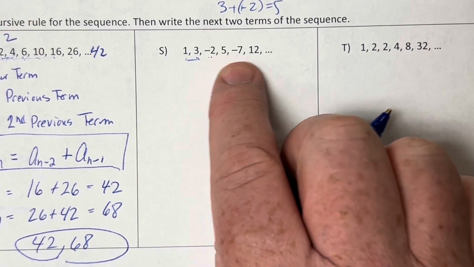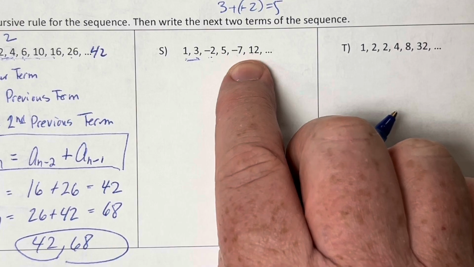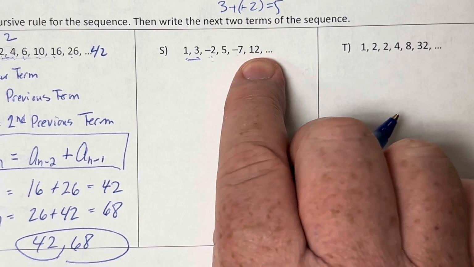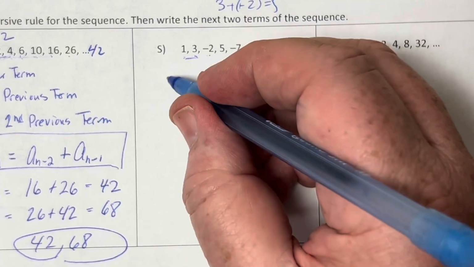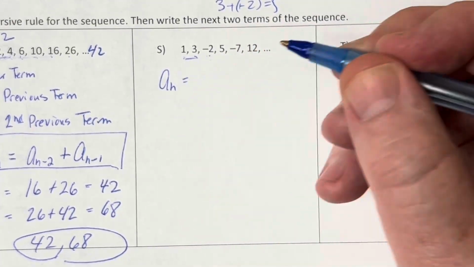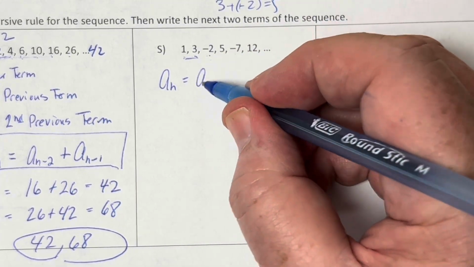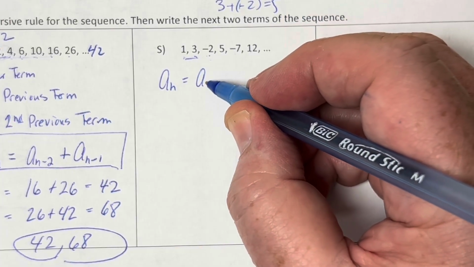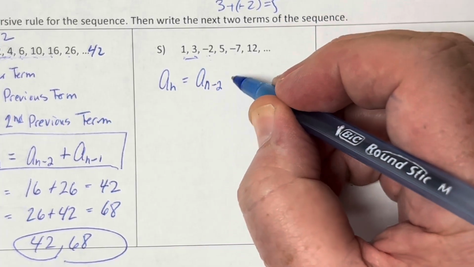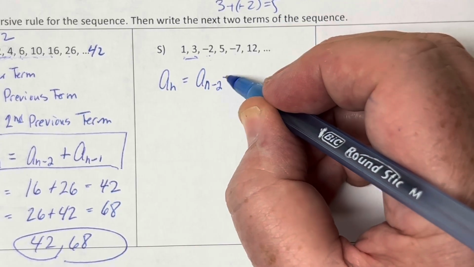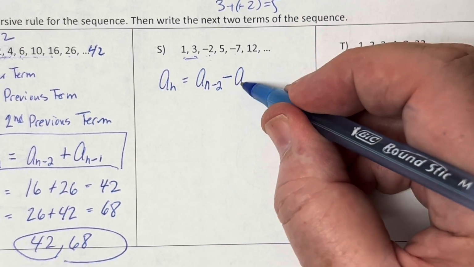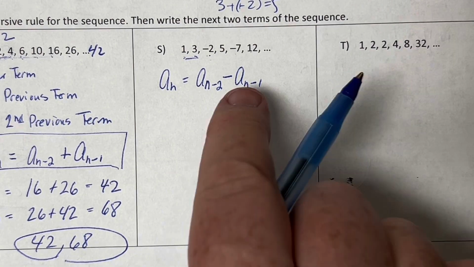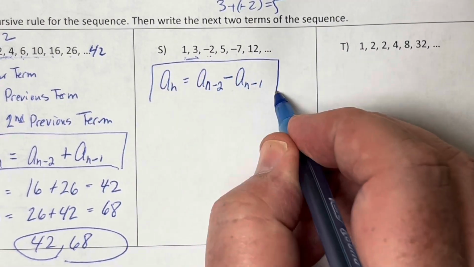Negative 2 minus 5 is negative 7. 5 minus negative 7 is positive 12. So our new term here is taking our two previous terms, an minus 2, and we're subtracting the next term. So here is our rule.